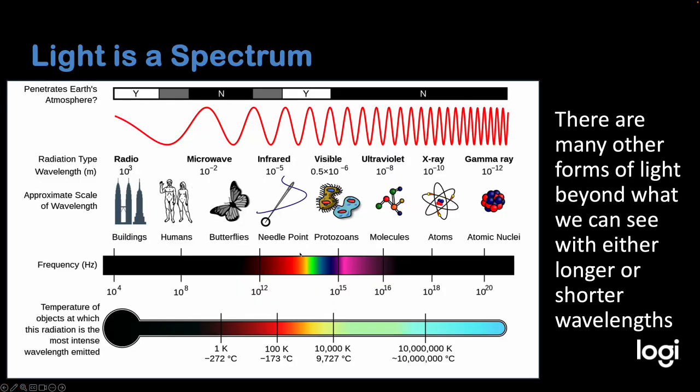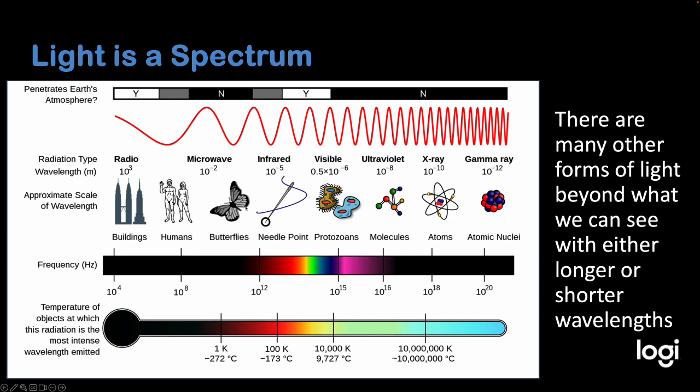But beyond just the rainbow of the visible spectrum, there's lots of other kinds of light. We're going to talk about all the way from radio waves, which are the longest wavelength kind of light there is, all the way up to gamma rays, which are the shortest wavelength. The wavelengths of these are on the order of the size of the atomic nucleus.